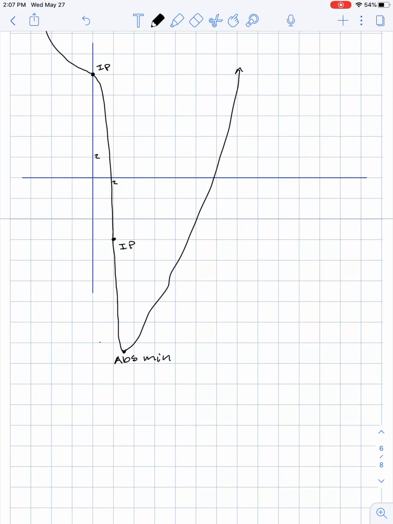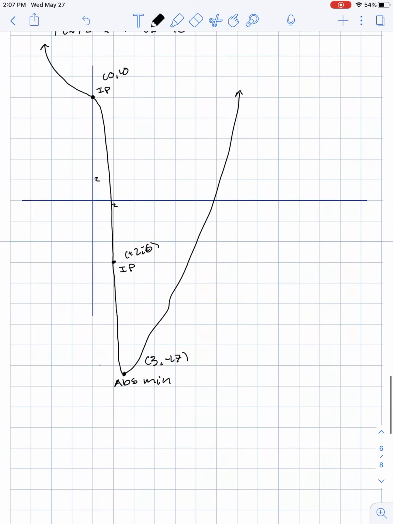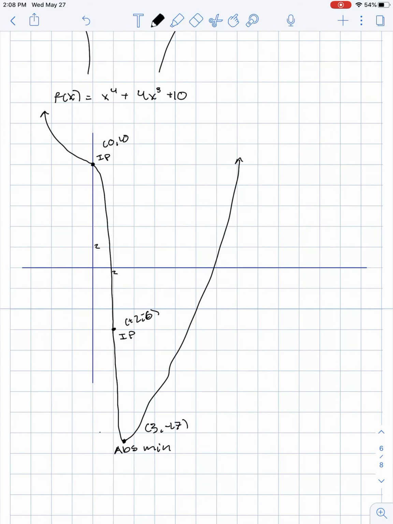So let me label these points. This one is 3, -17. The inflection point was at positive 2, negative 6, and 0, 10 was our other point. Okay, cool. So there is our graph.